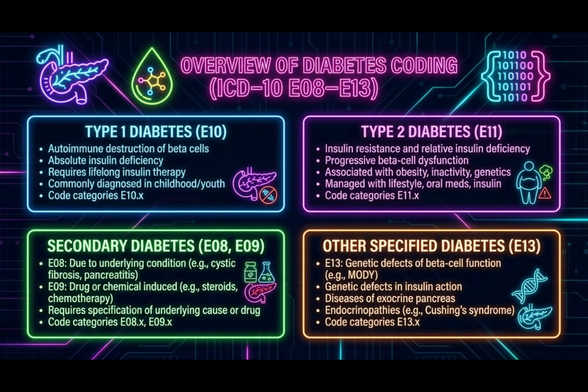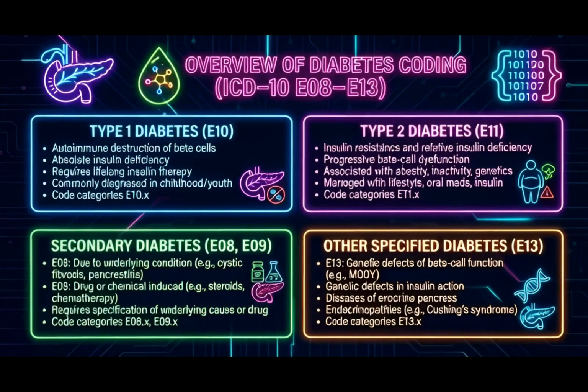Type 1 diabetes occurs due to autoimmune destruction of beta cells, leading to absolute insulin deficiency. These patients require lifelong insulin therapy, and the condition is often diagnosed in childhood or adolescence. All type 1 diabetes codes fall under E10, written as E10.X, depending on complications.